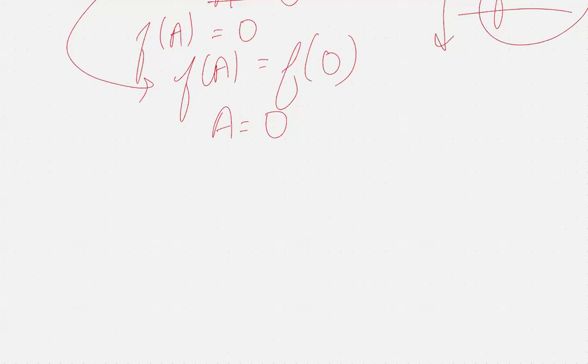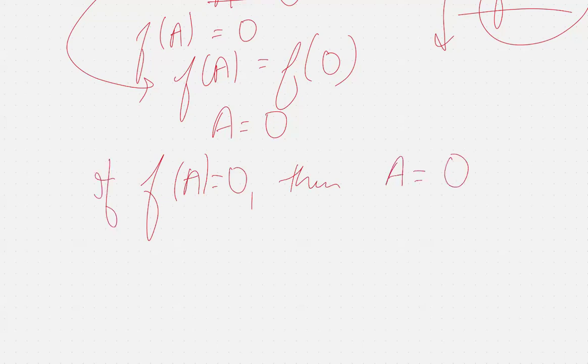If F of A is equal to O, then A is equal to O. We can also write it that F of A means A multiplied by B is equal to big O, then A is equal to 0.